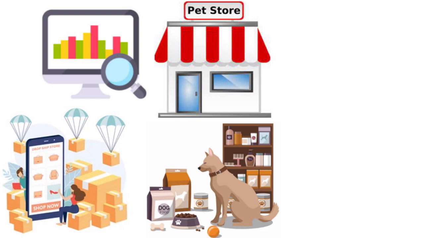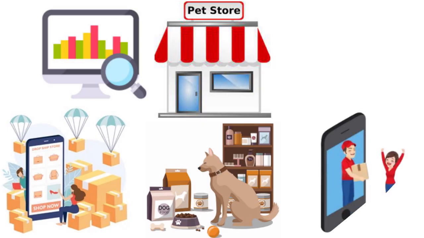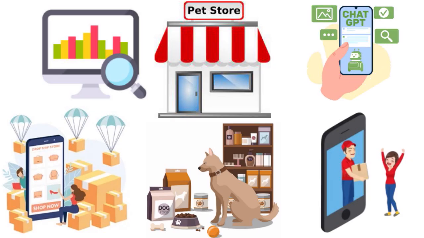Try to keep it simple, because the bottom line is you want to attract your customers, but also portray credibility from your store. Use ChatGPT to generate store name ideas, and then you can see the one that best fits your business model.